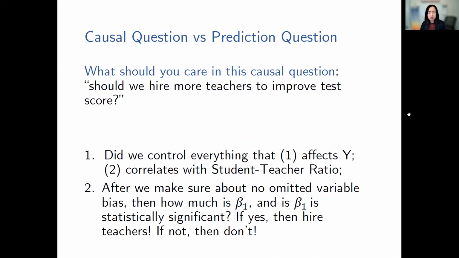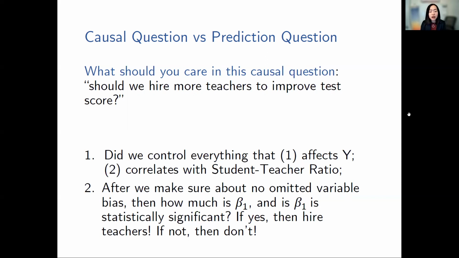So for example, going back to do we hire more teachers? This is a causal question. What you need to do first is ask, do we control everything? If we have controlled everything that affects y and correlates with student teacher ratio, then there is no omitted variable bias. Then I can look at beta 1. Now, once everything is controlled, how much is beta 1? Is beta 1 significant? If yes, then we can hire more teachers.